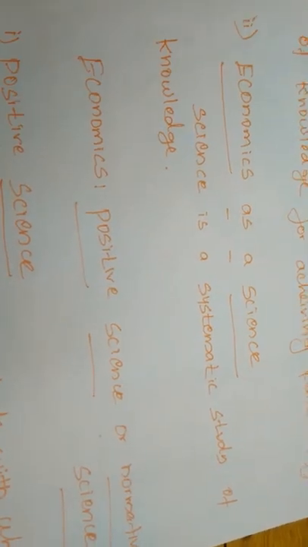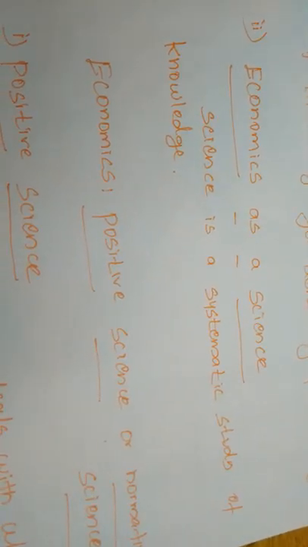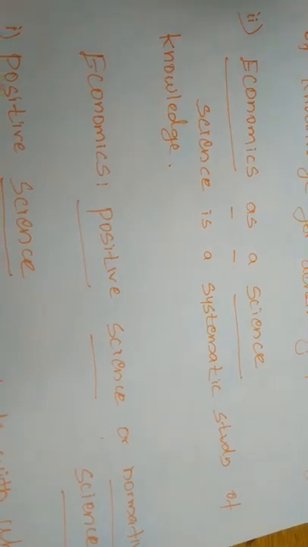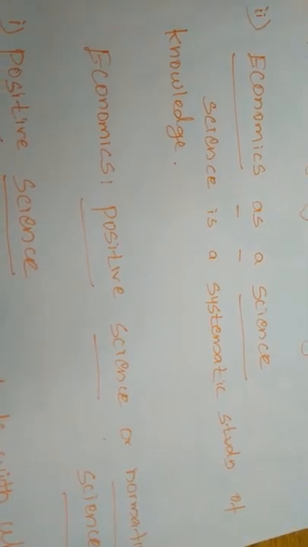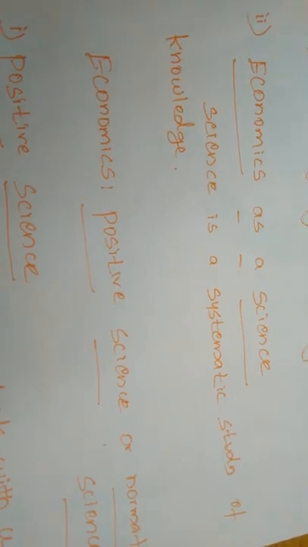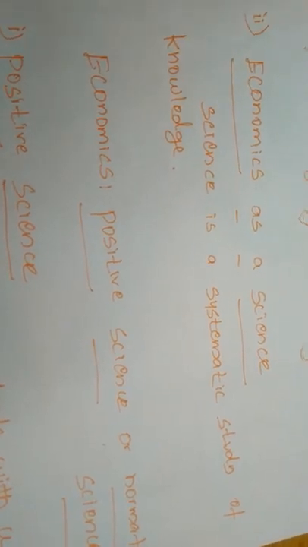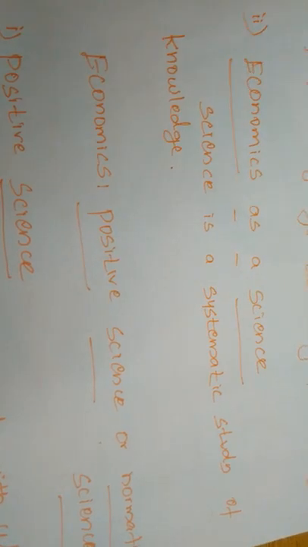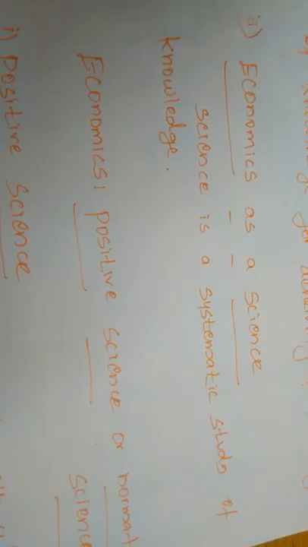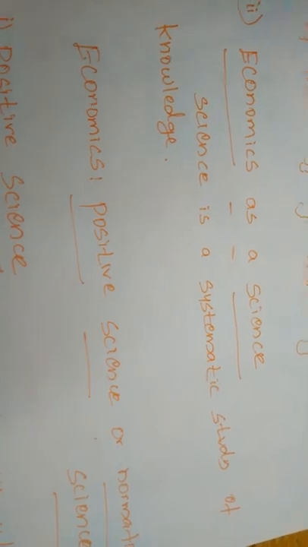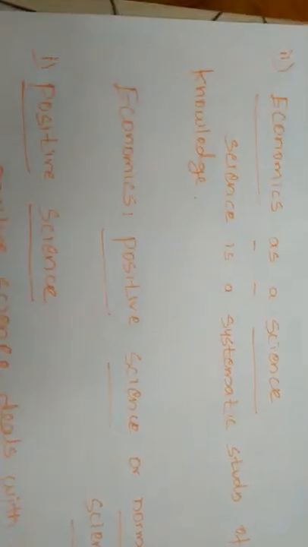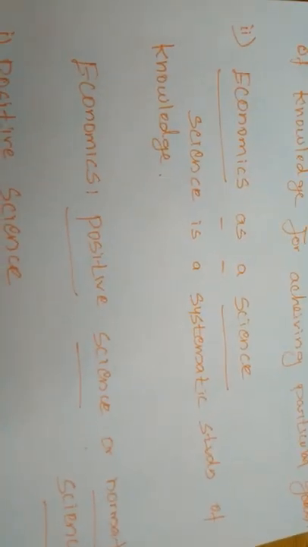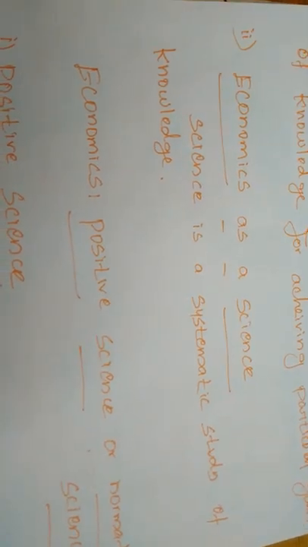By using data and facts, science develops the correlation between cause and effect. Here economics also develops the correlation between cause and effect, so we can consider economics as a science.